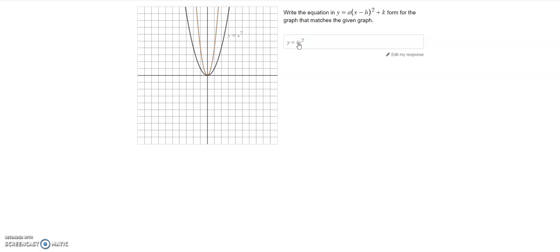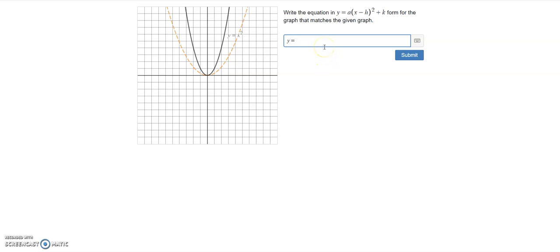Won't always work that way. Just to show, if I would have tried, say, the 3, it did get skinnier, but not skinnier enough. All right. Here, it got flatter, it got bigger, lower. So it's almost getting lower and lower. That's why the number for A will be lower than 1.